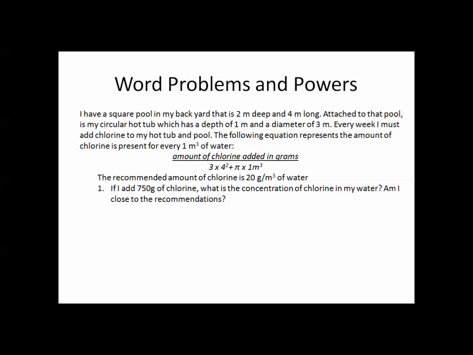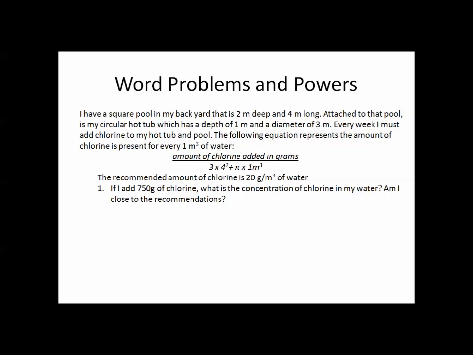Every week I must add chlorine to my hot tub and pool. The following equation represents the amount of chlorine that is present for every 1 meter cubed of water. So for the volume of water, this equation here represents how much chlorine will be present.